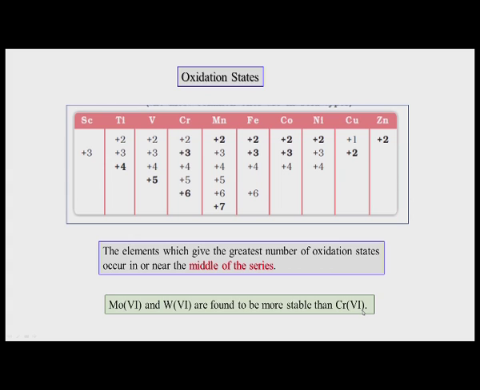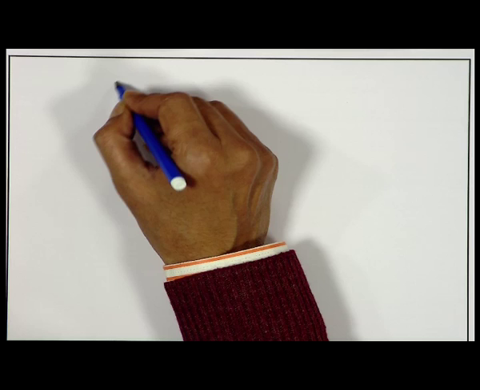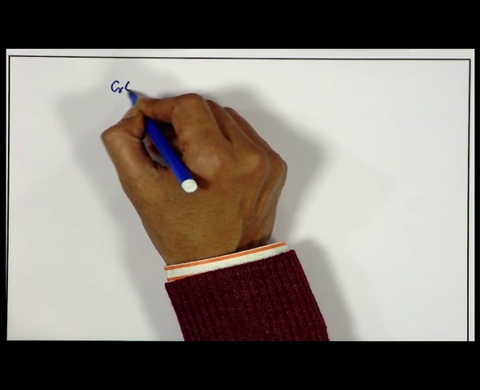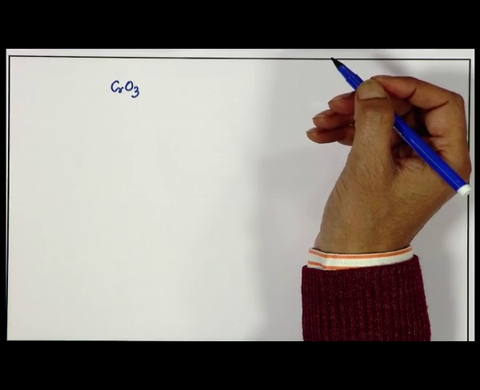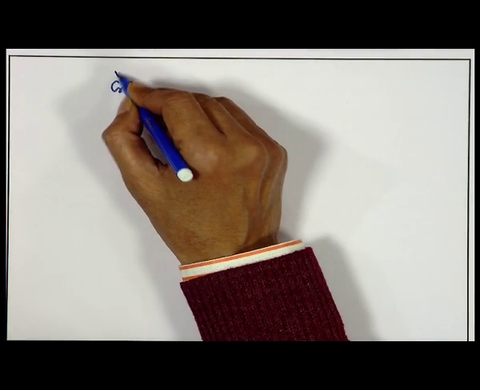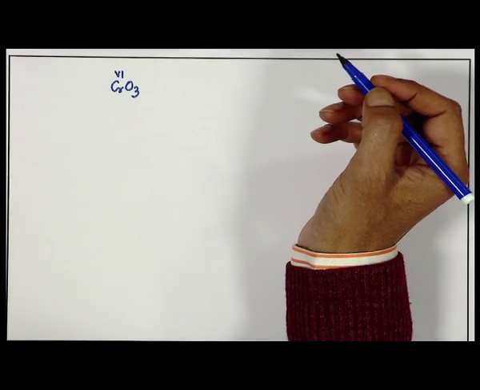How can we explain this statement? We all know that chromium 6 is in chromium oxide also. We know that this is stabilized by oxide only, and this is the chromium hexavalent state.